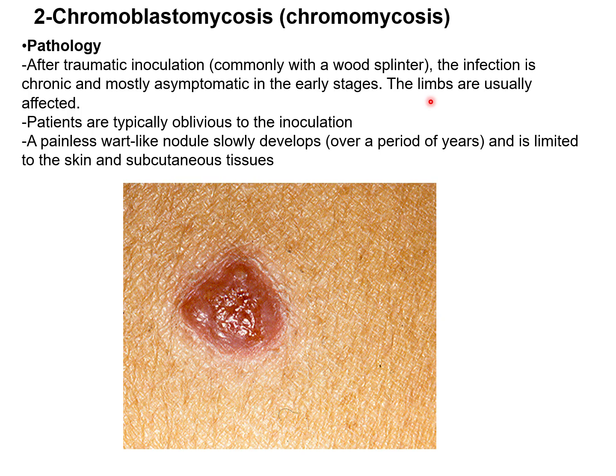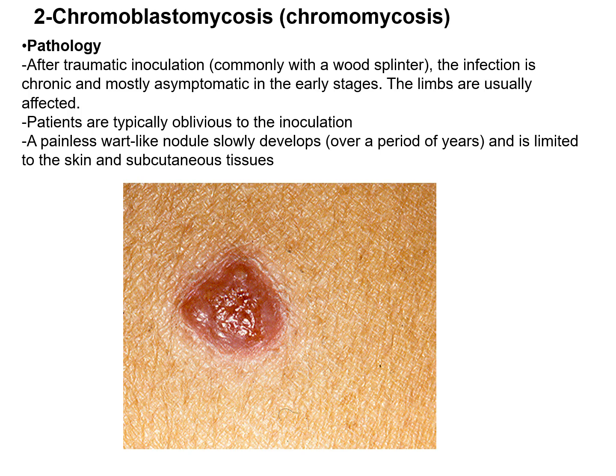In most cases, the limbs are usually affected, again, because you have to think that this is the most easy area to have penetration by a wood splinter, for example. And what happens, it usually starts with a very painless wart-like nodule. So this takes a long time to appear.